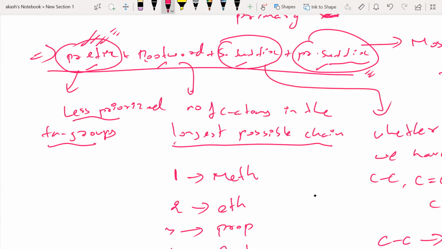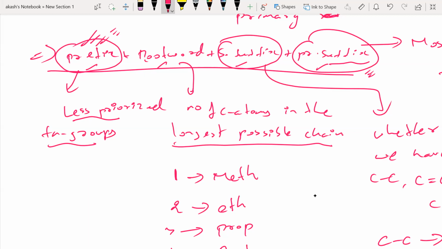So you'll have 9 prefixes. That is why we say when you have more than one prefix, you have to go for alphabetical order. In every compound, only one primary suffix will be there, because there'll be only one maximum priority. All the others have lesser priority and will come under the prefix part.